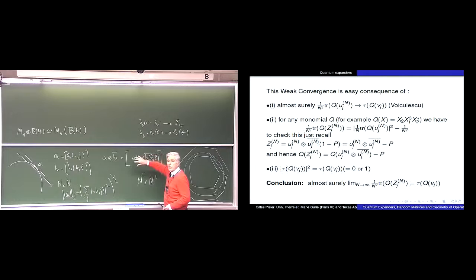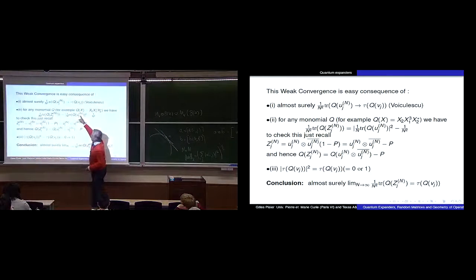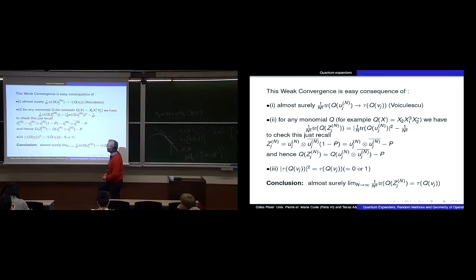So if it's A tensor A bar, you will get the modulus of the trace squared. So that's what I wrote here. You get this thing minus 1 over n squared. The rest is not important. So this thing, you know what it converges to by the first point. It converges to tau of Q(V_j). But you have this modulus squared to worry about.